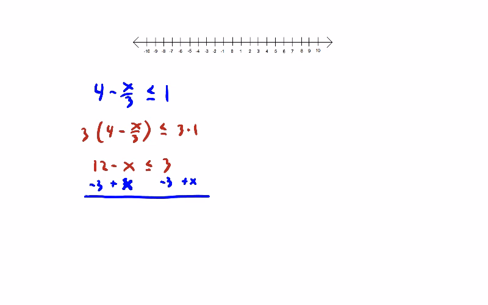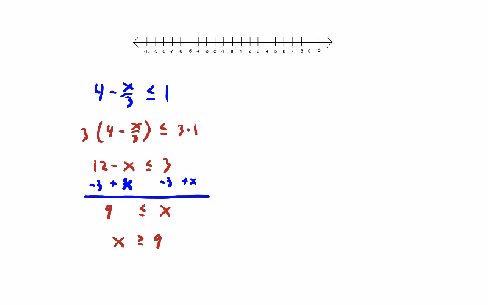So 12 minus 3 gives me a total of 9 on the left side, and we're left with x on the right side. Now you'll notice what happens if I want to put x first. I want to say that x is greater than or equal to 9. So right there I ended up flipping the inequality sign to get that solution.